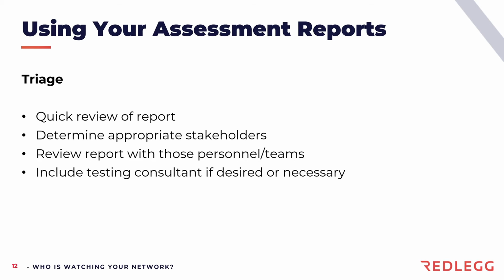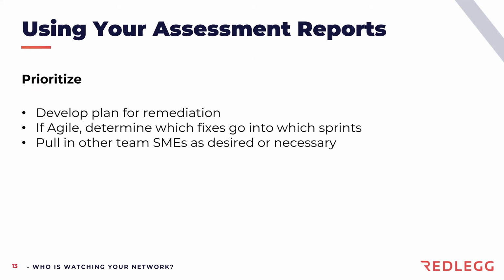So after doing the triage, the next thing to do is, again, prioritize where we're going to do our remediation. Now, we're talking primarily about network testing, but the same would apply to application testing as well.